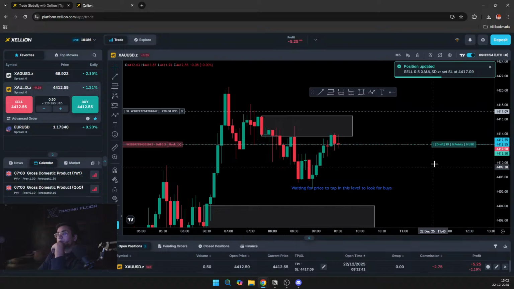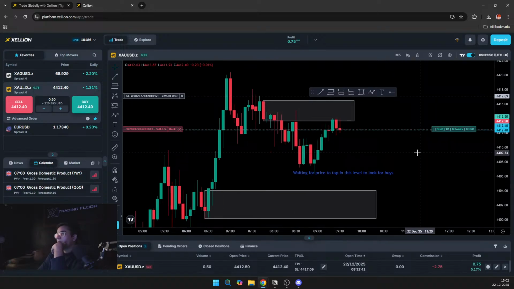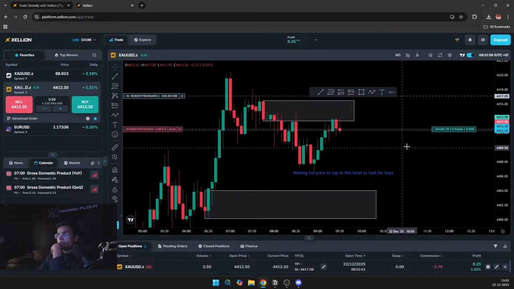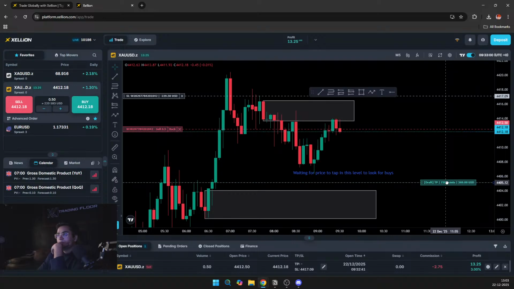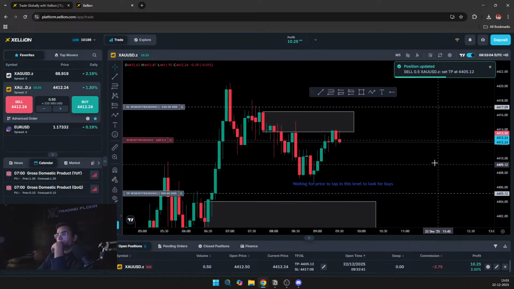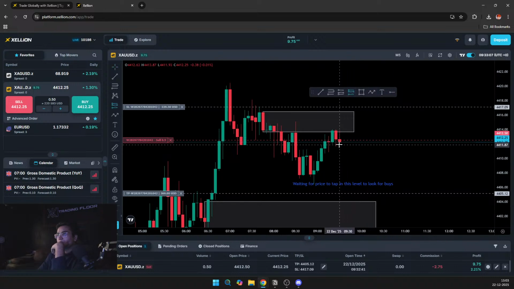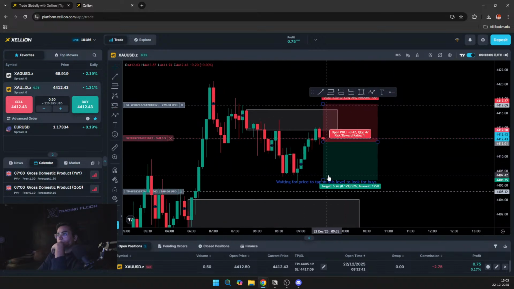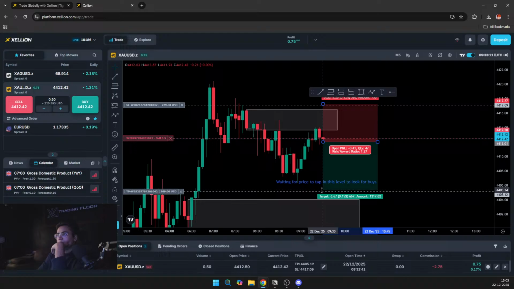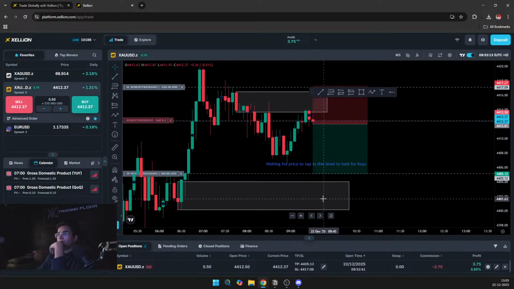That's right. And we're going to target this. That's it. So we have taken a short position. SL is there, and then we can look for buys when we tap into this level.